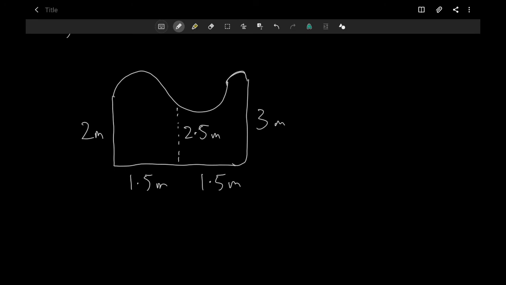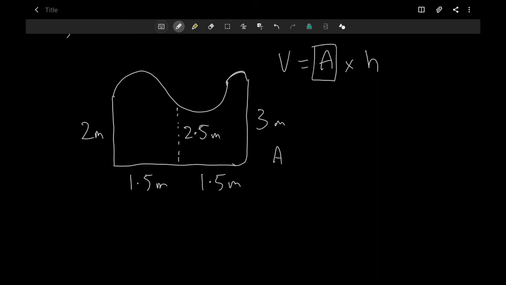Well, we know that in order to find the volume, we need to get the area and we multiply that by how deep the swimming pool is. So the first calculation that we need to do is to find the area. And we find the area using the trapezoidal rule. In this case, we'll use two applications.